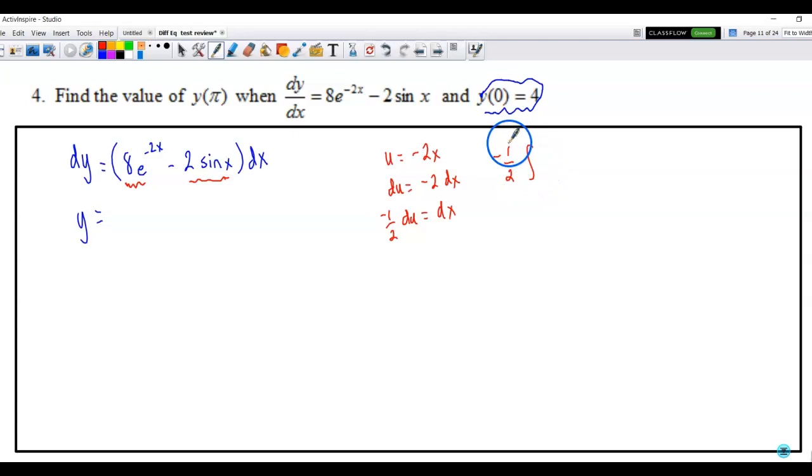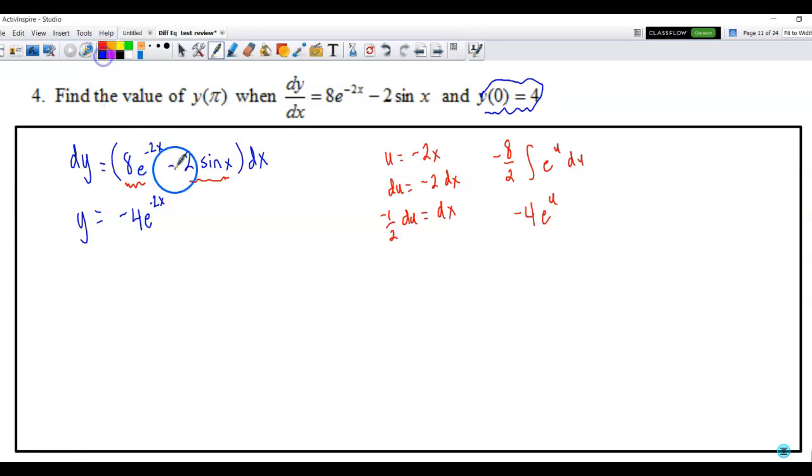The antiderivative of, let's go ahead and get that 8 out there, I'll make that a 4 in just a second, e to the u du. So that's negative 4. The antiderivative of e to the u is e to the u. Let's bring that back over to our problem. Term number 1 is going to be negative 4 e to the negative 2x power.